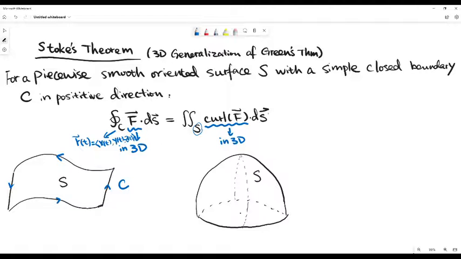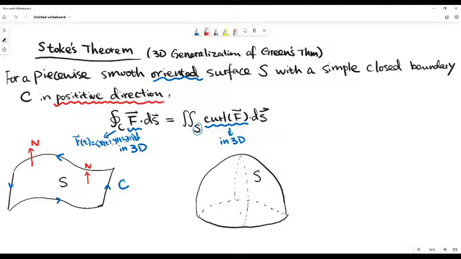Our surface already has an orientation, right? So let's say that, for example, for this surface S, I'm going to choose the upward orientation. Okay, so let's just say all the unit normal vectors are pointing up, which means that my boundary C now should be in the positive direction for these two to be matched.